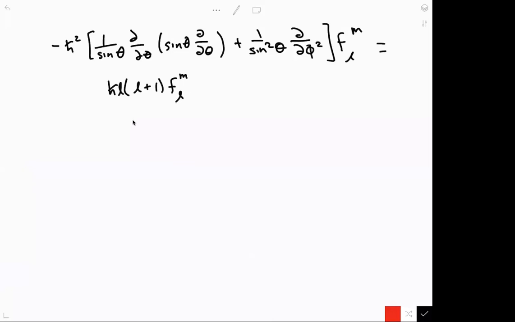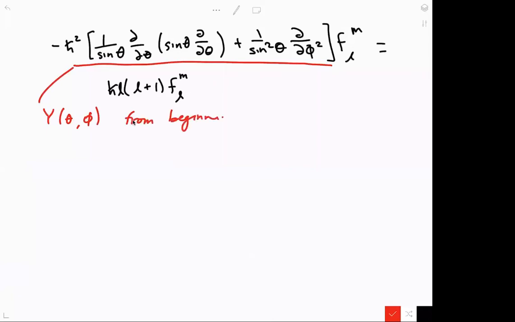So it turns out that this thing up here, our L squared operator, happens to just be the angular equation from the beginning of this chapter. So we've got the angular equation from the beginning of the chapter.